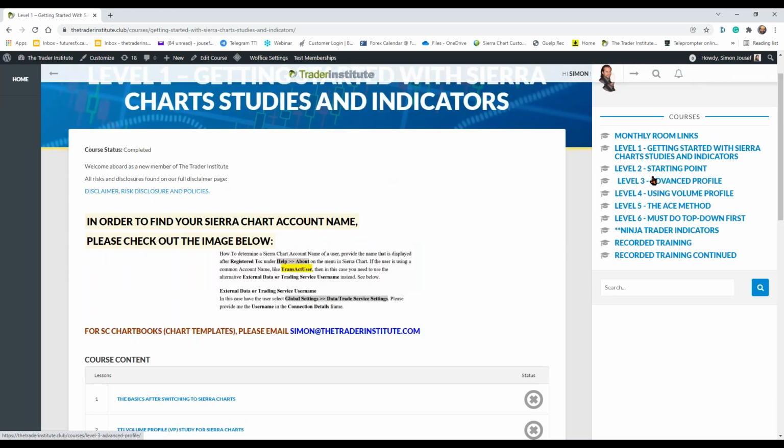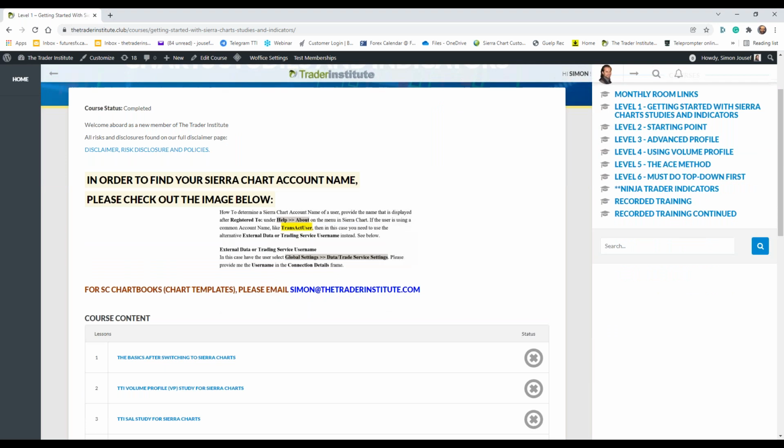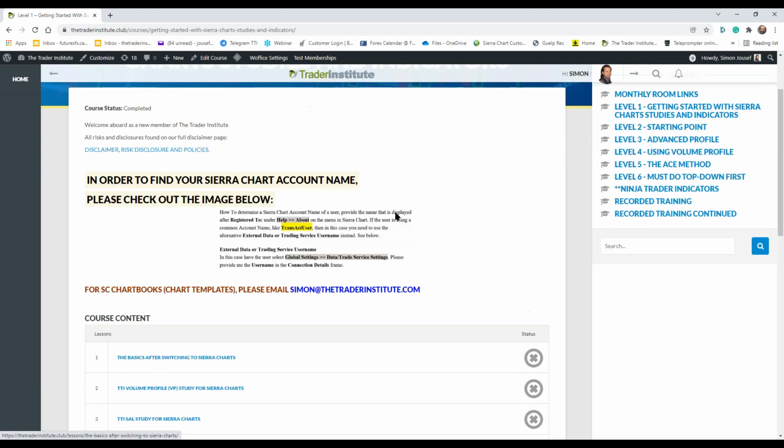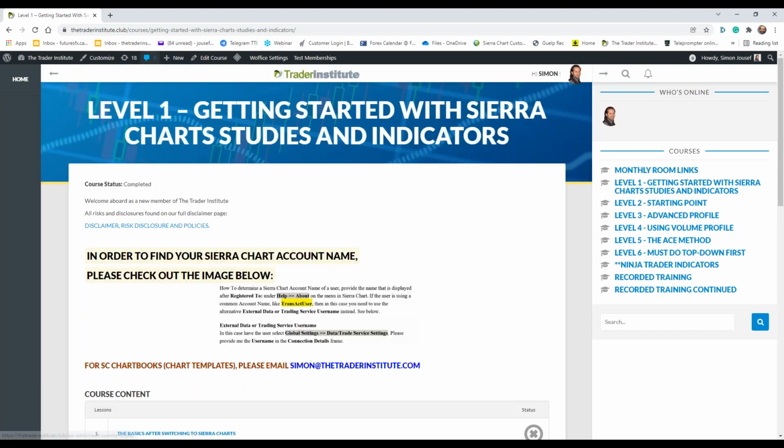And then you have, for example, level 3, you have advanced profile. It tells you volume profile, how it works, and then video. Some of the videos are old, 5, 6 years, 3 years, but a lot of them are new. This system did not change. This is many years of education that I'm presenting to you.